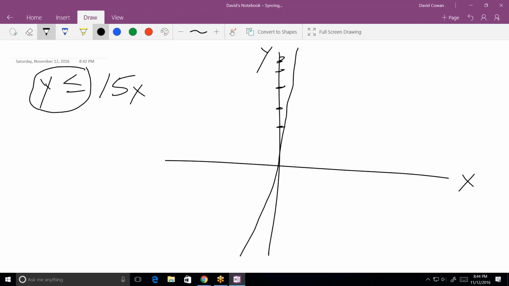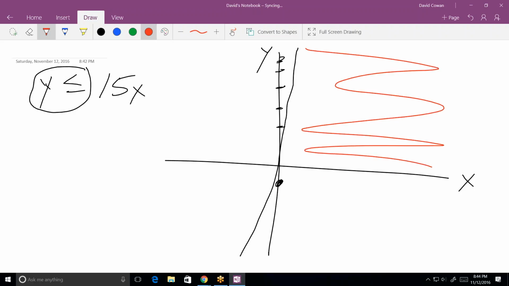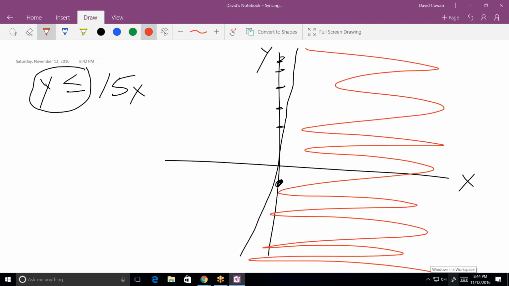I'm only looking at the y-axis. So there's a point less than the line. That tells me which side to shade. And again, that may look like the right side, but it's not. It's the bottom side. Remember, you're only looking at the y-axis, not the x-axis.